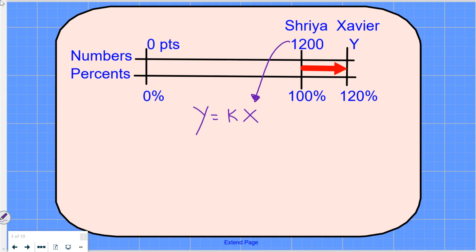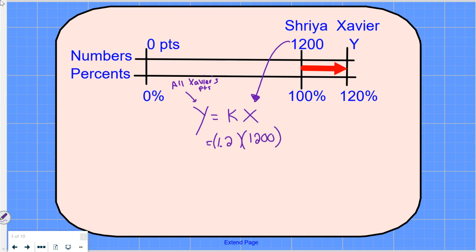They represent 100%. Y, in this case, represents all of Xavier's points. And k is the total percent that Xavier has of Shreya's points.